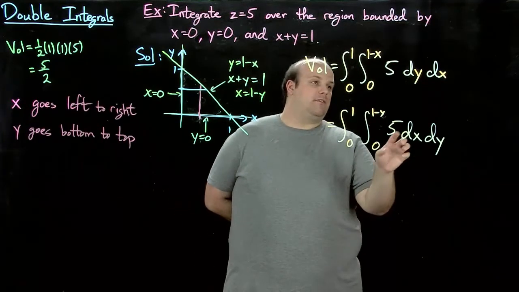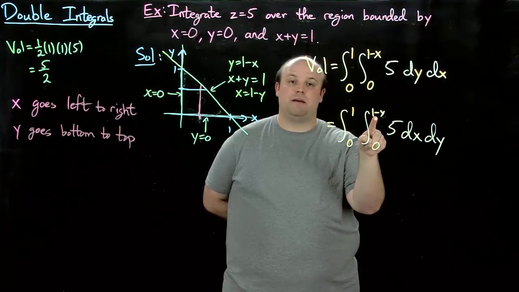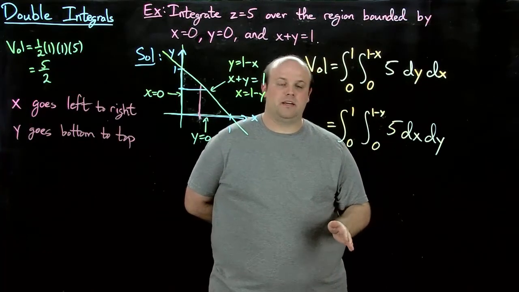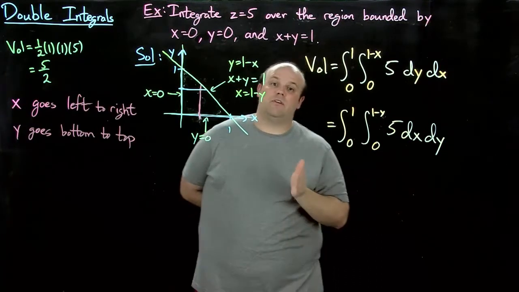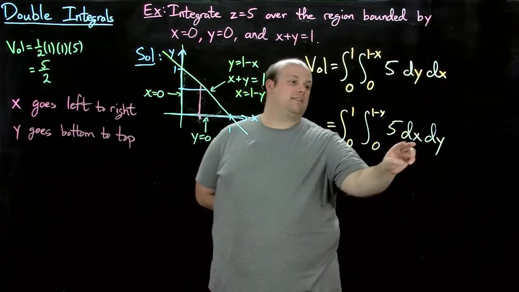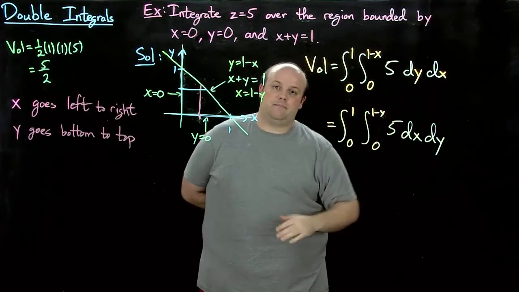So for example, in the second one here, neither this bound down here or this bound up here should have an x in it. It doesn't matter what the region is. If you integrate x first, there should never be an x. Hopefully that makes sense.